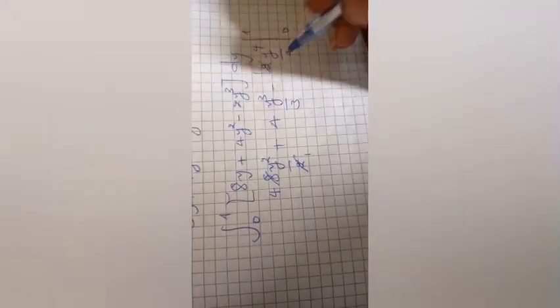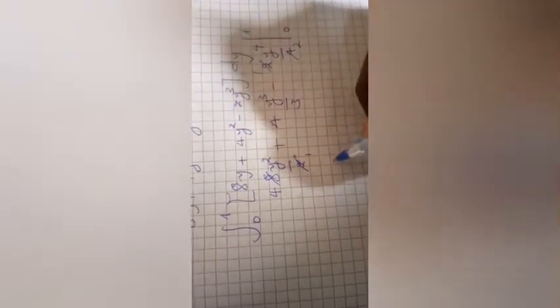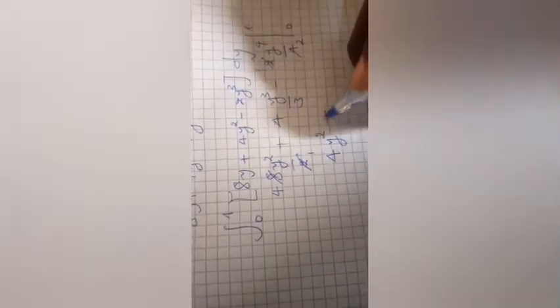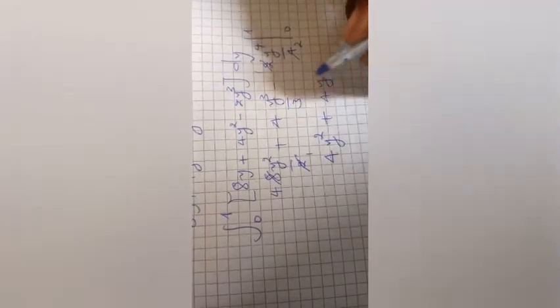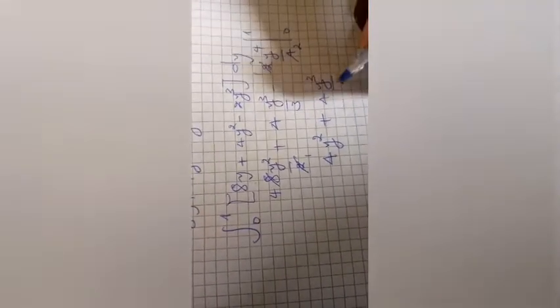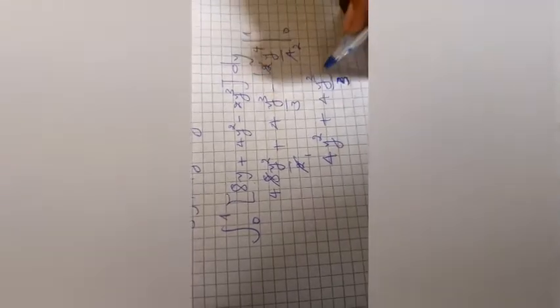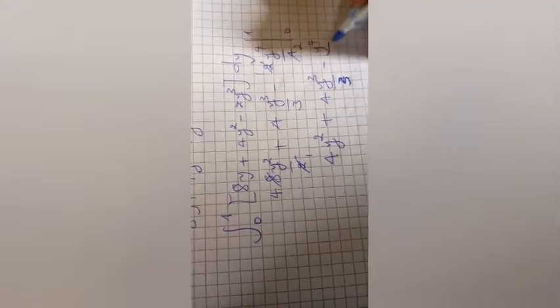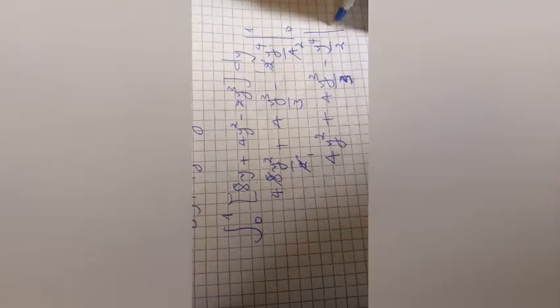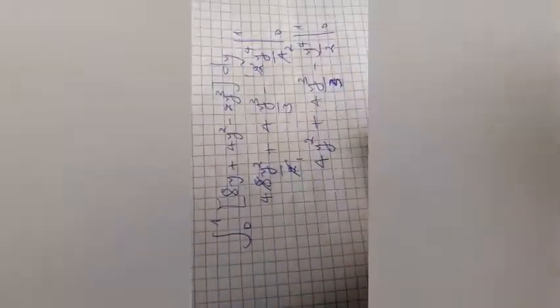Then we remain with 4y squared plus 4y power 3 over 3, minus y power 4 over 2, from 0 to 1.